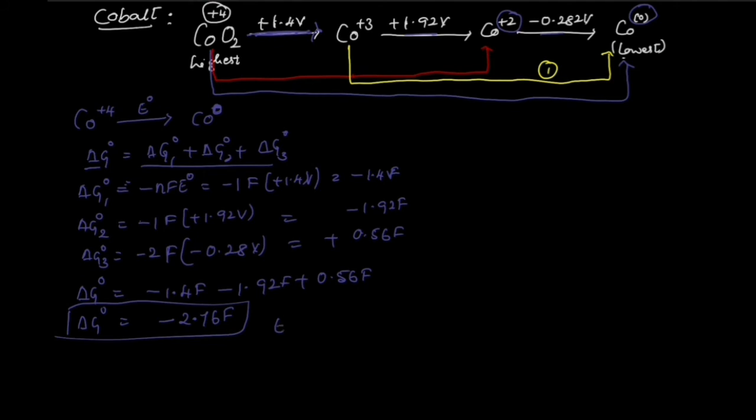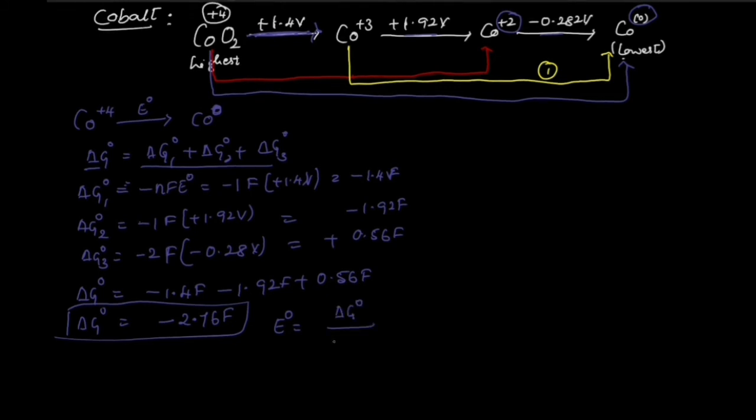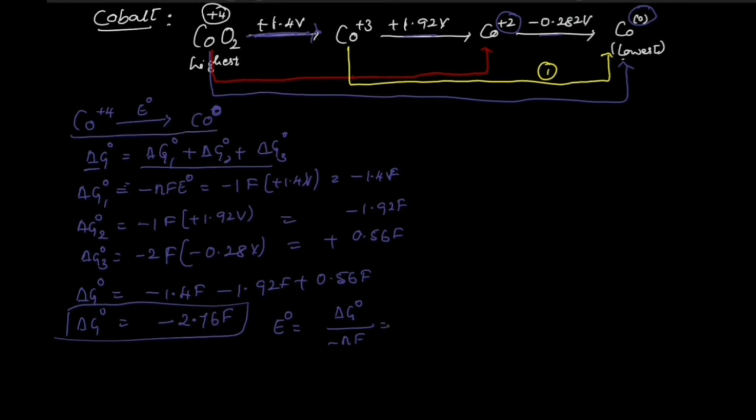And by using this data, you can calculate the value of E naught. That is, E naught for the overall reaction is equal to delta G naught for the overall reaction divided by minus nF, where n is the number of electrons involved in the overall reaction. That means cobalt +4 to 0. Here there are 4 electrons involved.